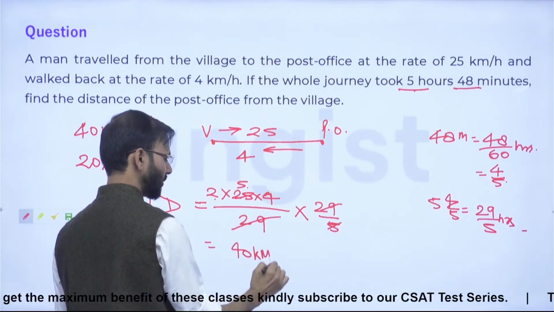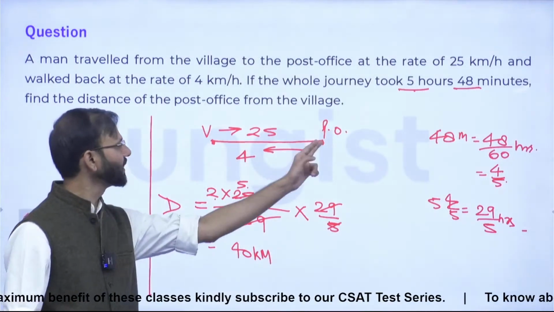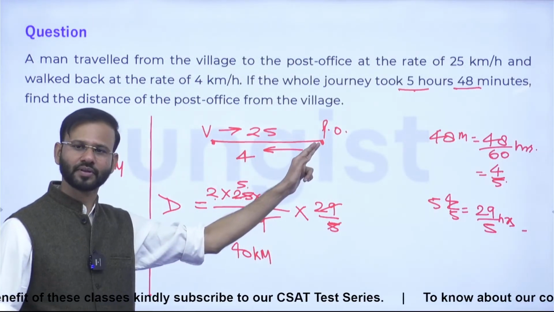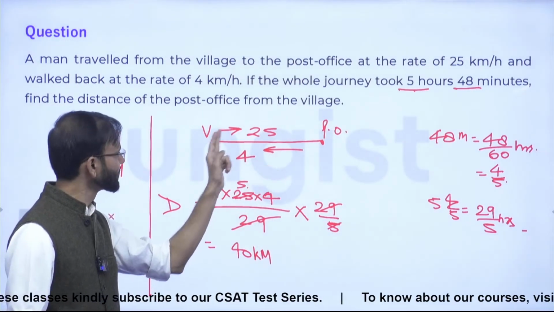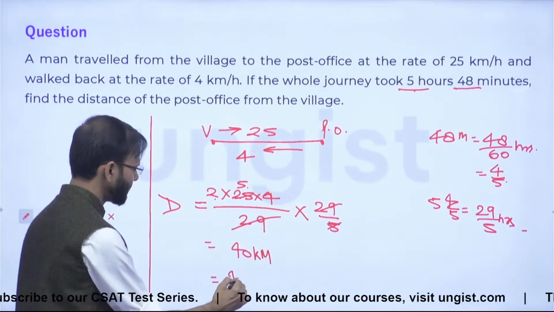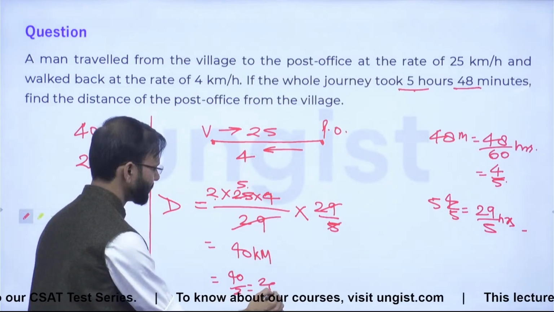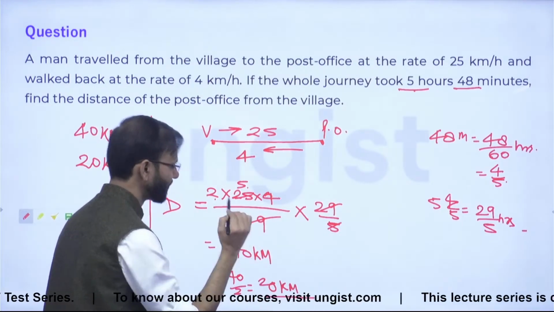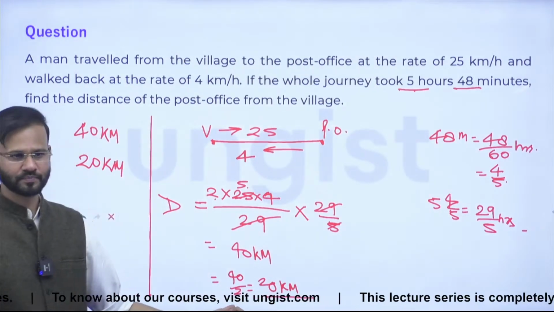But guys, 40 kilometers is the total distance for the entire to and fro journey. What they are asking is the distance between village and post office only. So this number will be divided by 2. So this is 20 kilometers. Right, everybody?